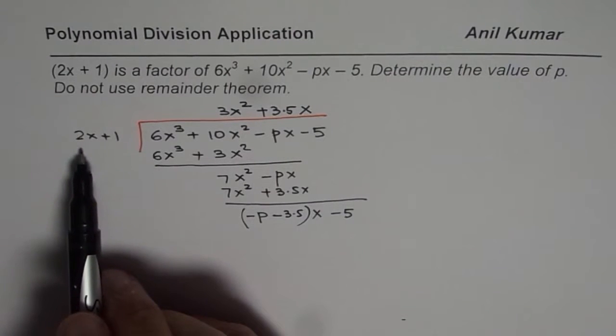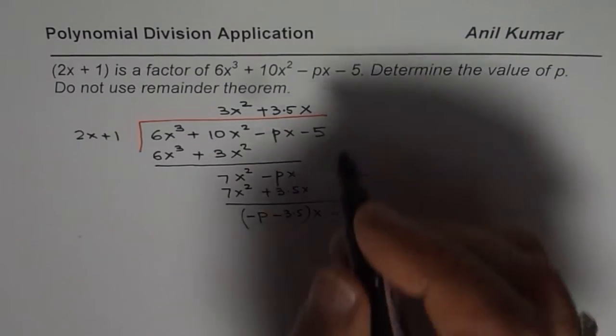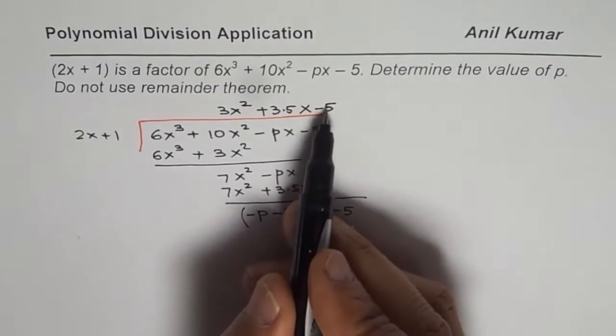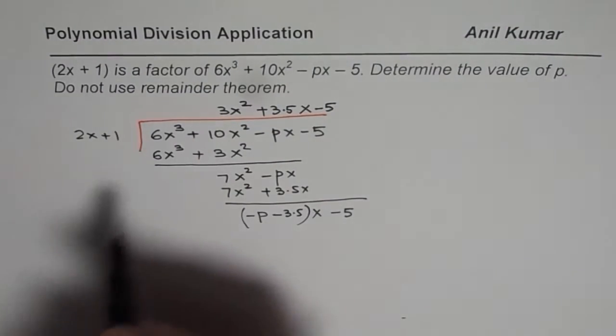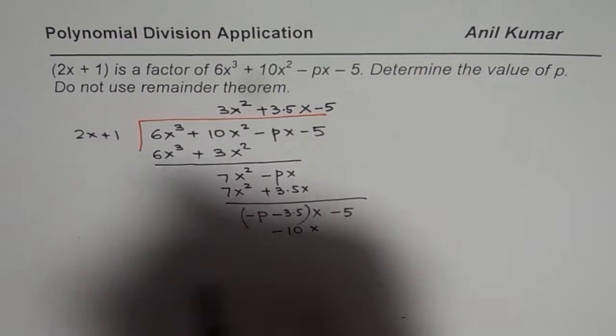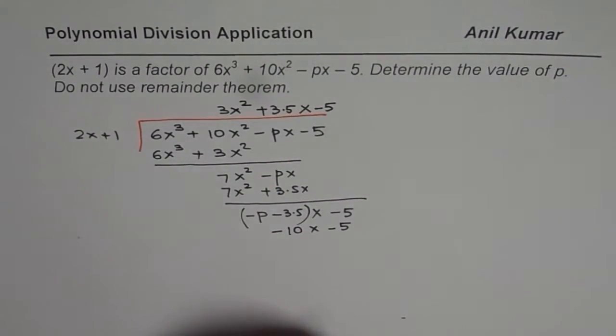This time we'll take care of minus 5. We know at least this number, right? We can take care of it by multiplying by minus 5. So if I multiply the whole number by minus 5, I get minus 10x and minus 5. You get the idea, right? That is what we get.